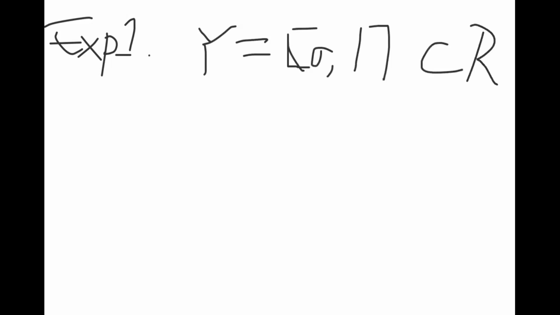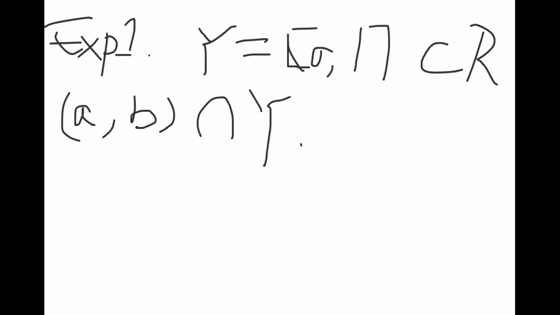The subset Y equals [0, 1] of the real line R. It has the subspace topology of R, and the subspace topology has as basis all sets of the form the interval (a, b) intersected with Y, where (a, b) is an open interval in R.